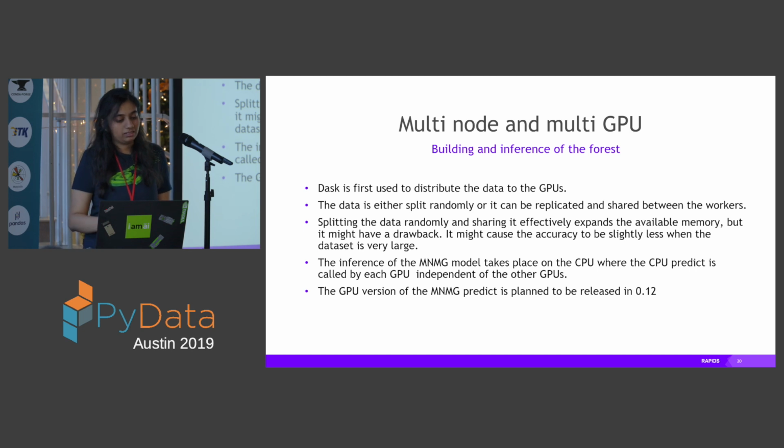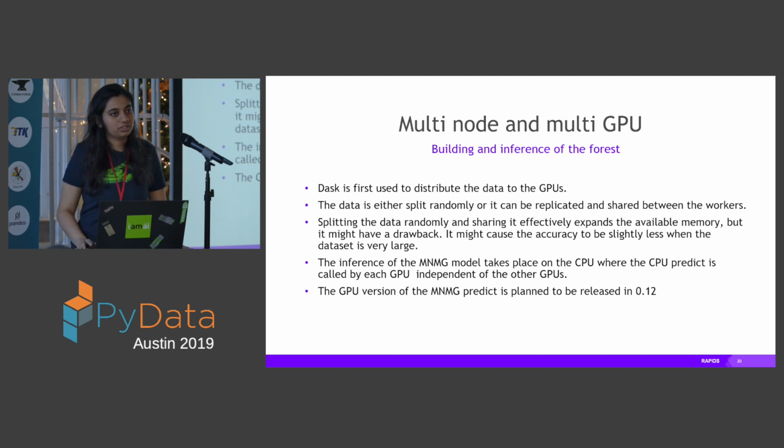It's basically the same approach that's taken for creating a normal random forest, where you have the data set and you use the features. The inferencing here we perform on CPU, because right now we're still working on the GPU version of the inferencing.